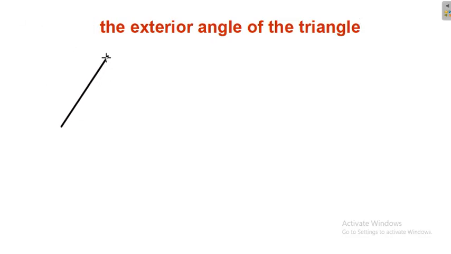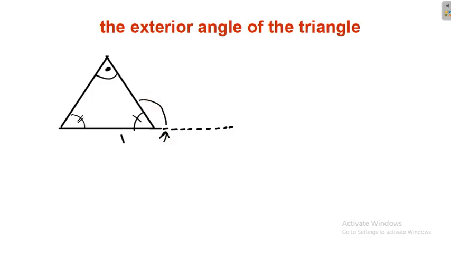We know that any triangle has only three interior angles, and this different sign means all three angles have different measures. Let's see if we extend this line. Then the angle between this extension and this side is called an exterior angle.